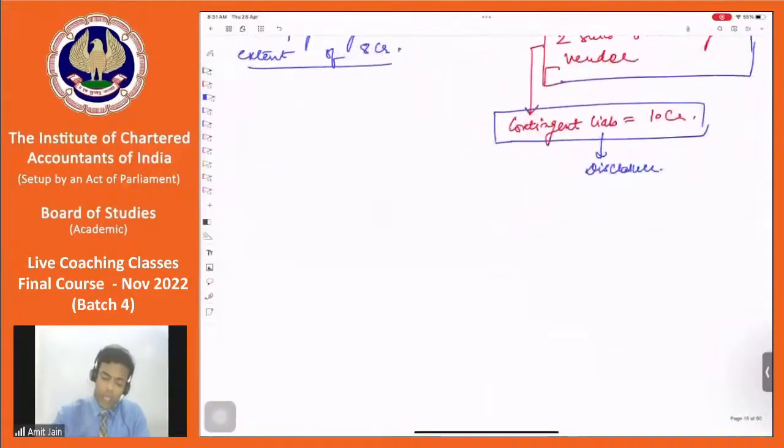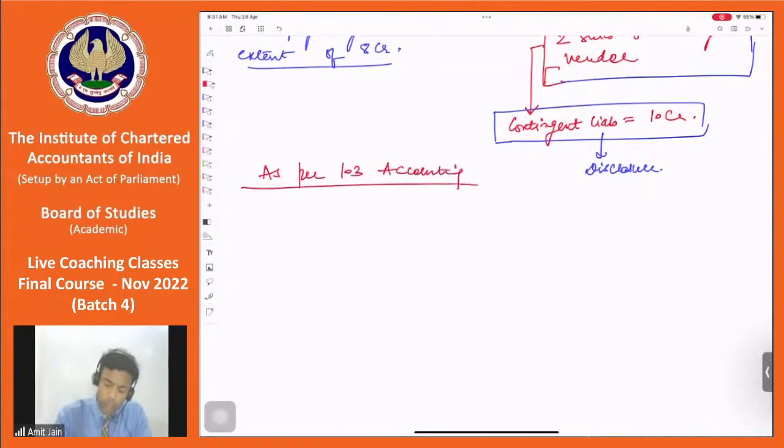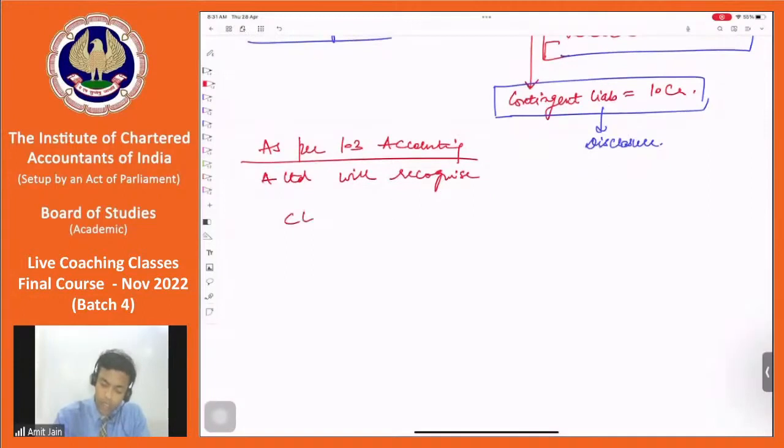In this case, as per Ind AS 103 accounting, A Limited will recognize contingent liability 10 crore rupees and indemnification assets 8 crore rupees in its books of accounts.